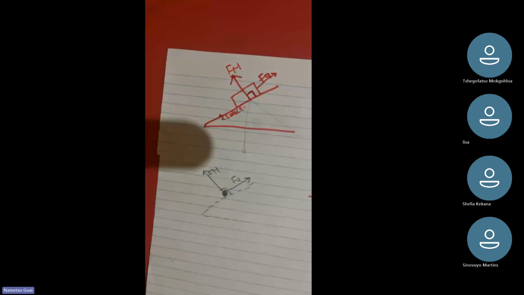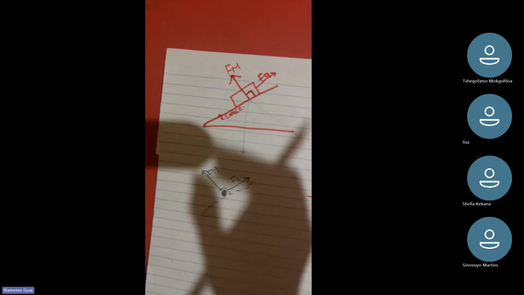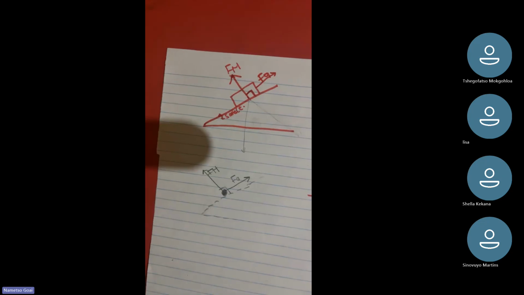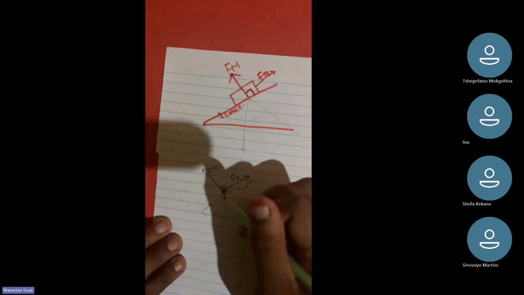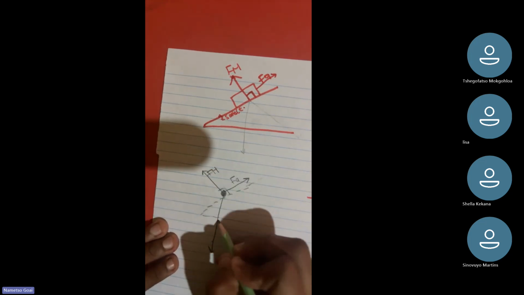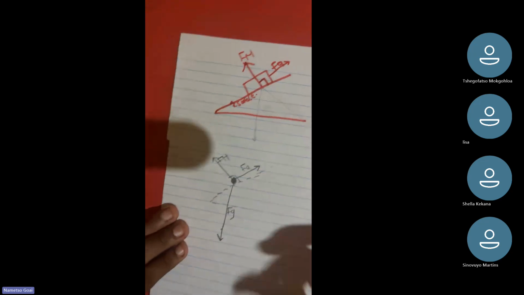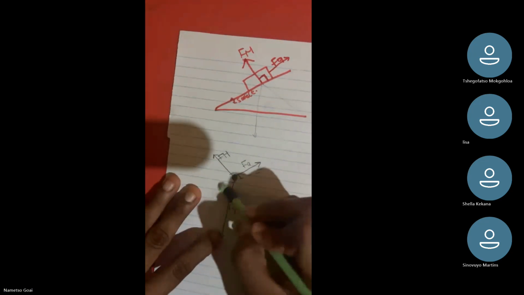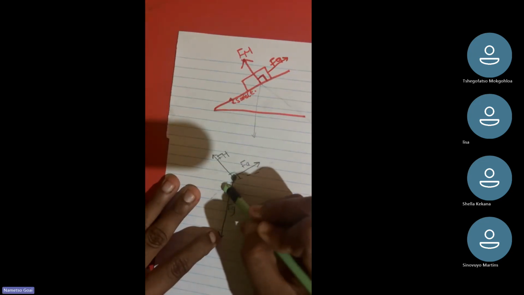Now, remember we said FG pulls the object towards the center of the earth. It pulls the object downward. So this would now have FG as the downward force. This would be FG. We can erase this.